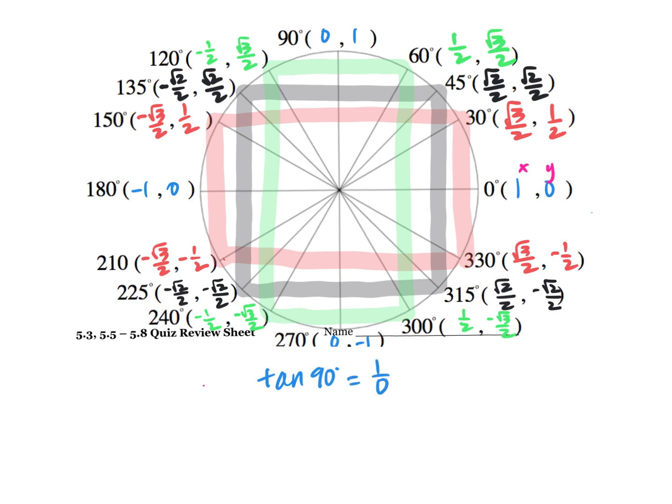Y over x would be 1 over 0, which is undefined. That undefined is an answer here. So once you solve these, guess what? You got to match up the sides. So I wish you the best of luck. I hope that this is fun.